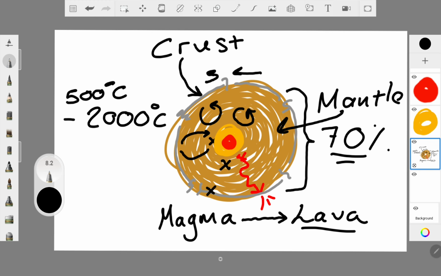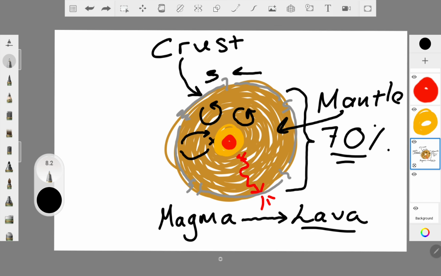Now, let's go back just a little bit. Another thing you will need to know for your exam is what the most common elements are that you find in this area, the mantle and the crust, the most common elements on the planet itself.